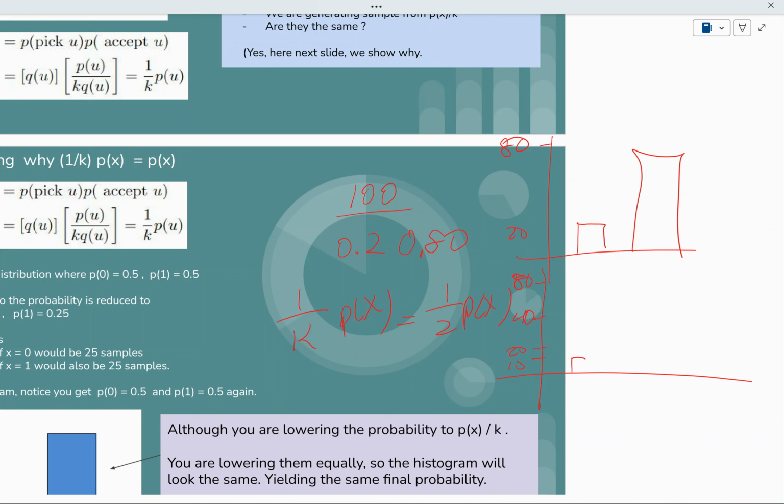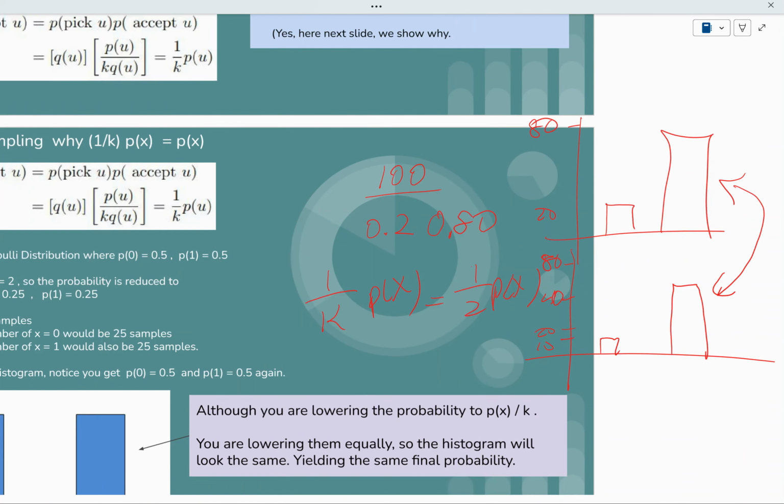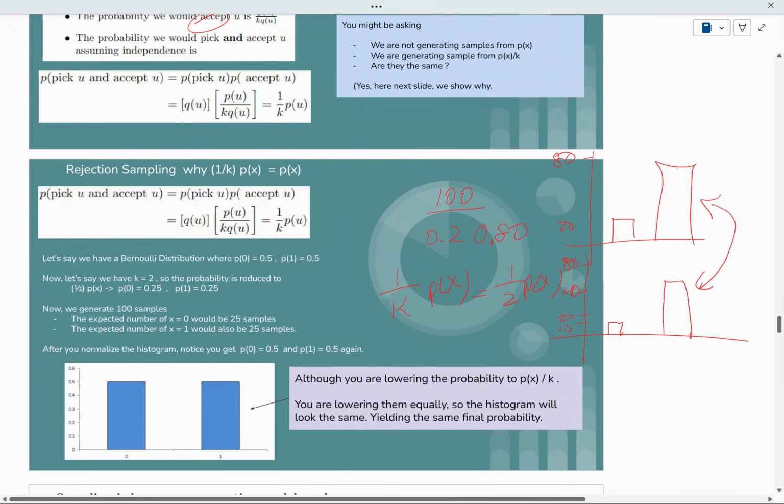So you're going to get this distribution. Well, the histogram may have different numbers, but the proportion is exactly the same, right? So it doesn't really matter. So that's the reason why 1 over k doesn't really matter.